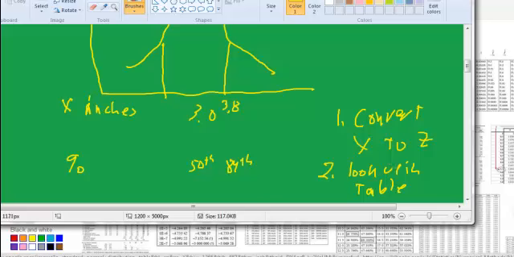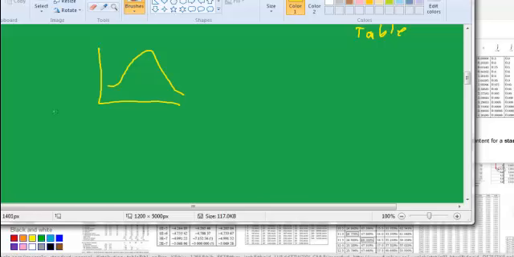So let's draw it again. Okay, and so we have three ways of measuring along the x-axis. We have x, natural units, inches. We have z, which is standard deviations.